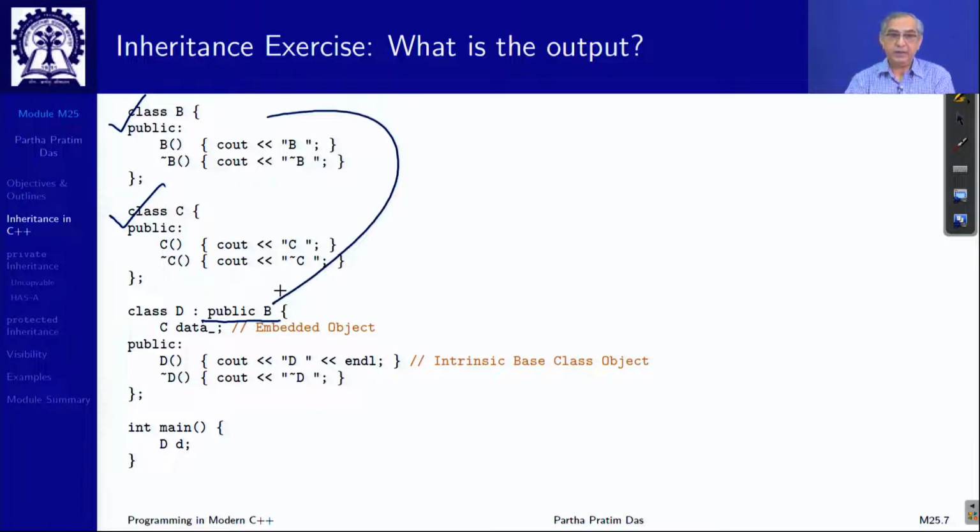So, it is a specialization and it uses an object of class C inside it. So, this is the entire thing in very small terms, every unique concept in one slide. This is where you have the possibilities of the objects that you can have in your layout, a base part and the embedded objects.